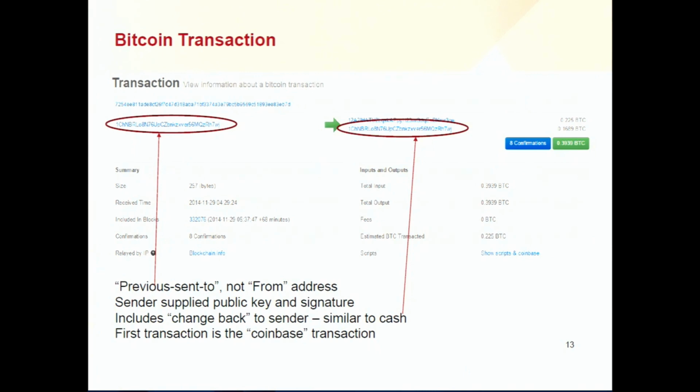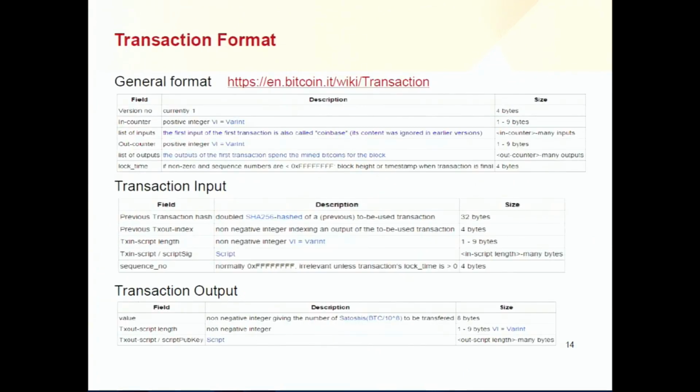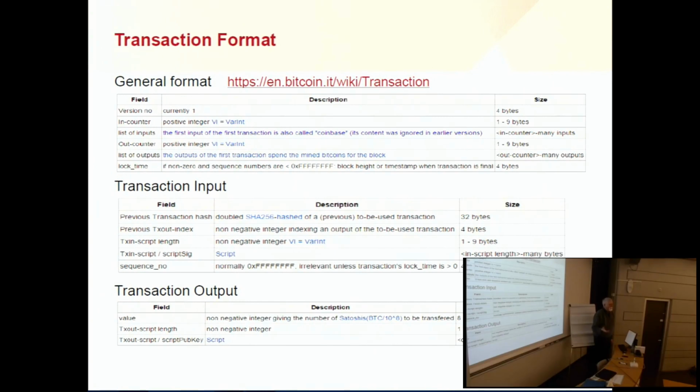Okay, so the transaction format, then. The interesting thing is that you can have a list of inputs. And what does that mean? Well, just like with a real transaction with coins, you don't necessarily give somebody one coin. You can give them a handful of coins, so long as the handful of coins adds up to more than the total that you want to spend.